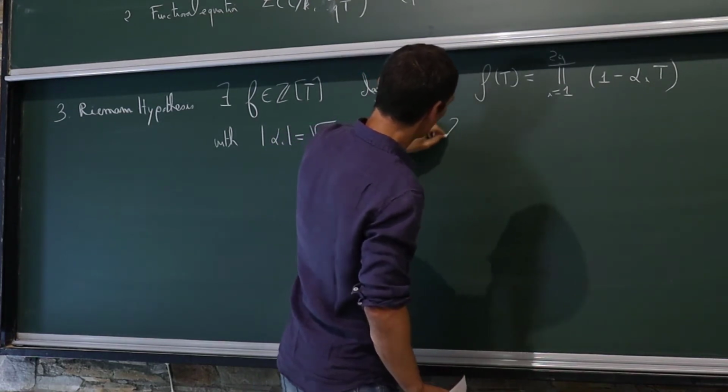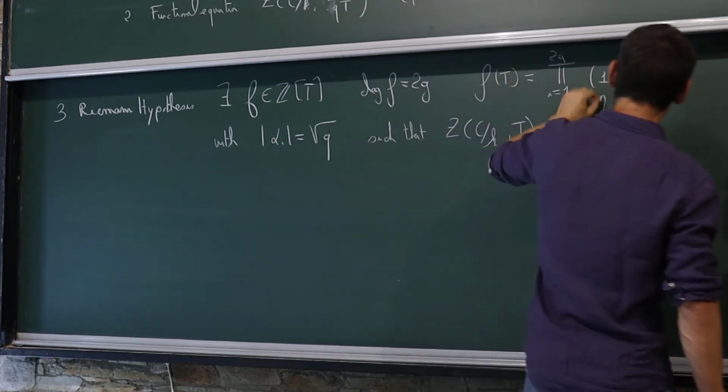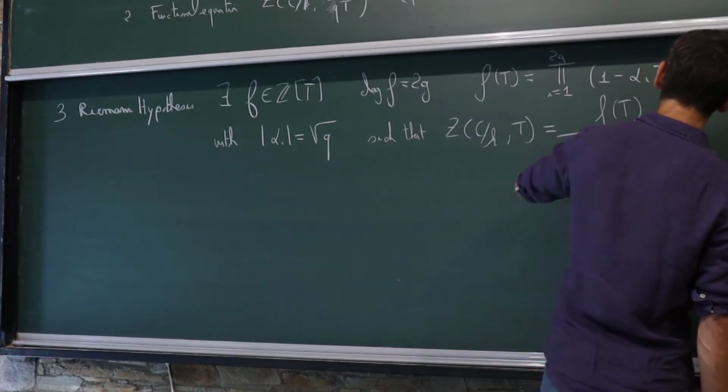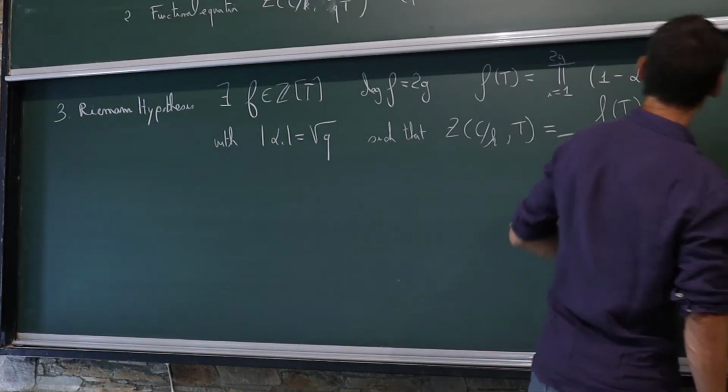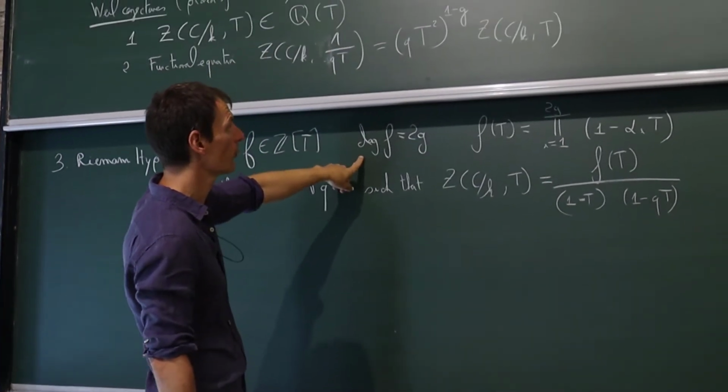Well, the zeta function of the curve over k in t is f of t divided by 1 minus t, 1 minus qt. Okay?